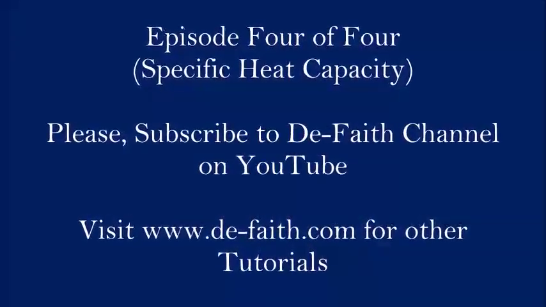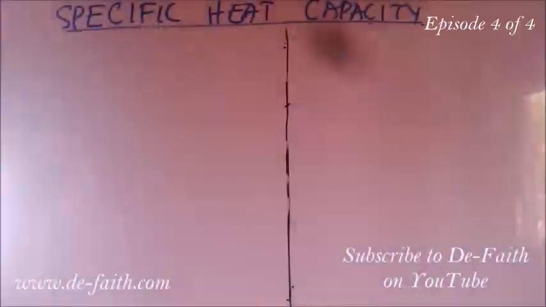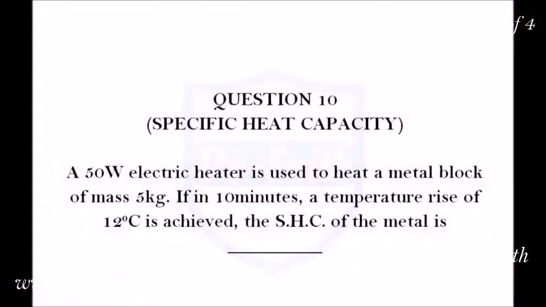Alright, so let's look at this question. It says a 50 watt electric heater is used to heat a metal block of mass 5 kg. If in 10 minutes a temperature rise of 12 degrees Celsius is achieved, the specific heat capacity of the metal is dash.